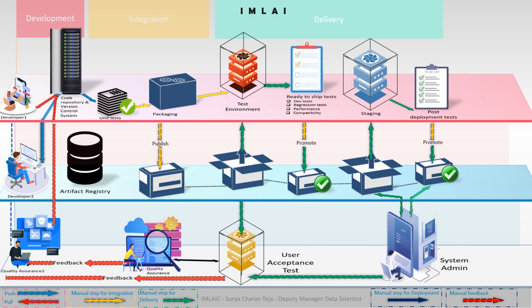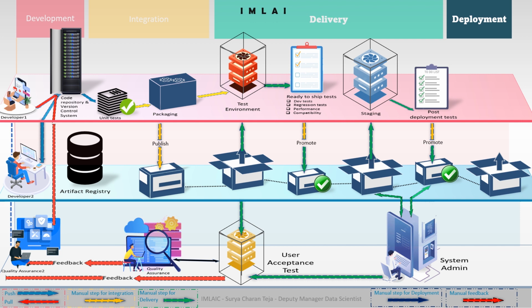What's left next is to create a production server. The system admin provisions and configures the production server. Once that is done, our application will be unpacked or untarred, and that unpacked application will be put into the production server.